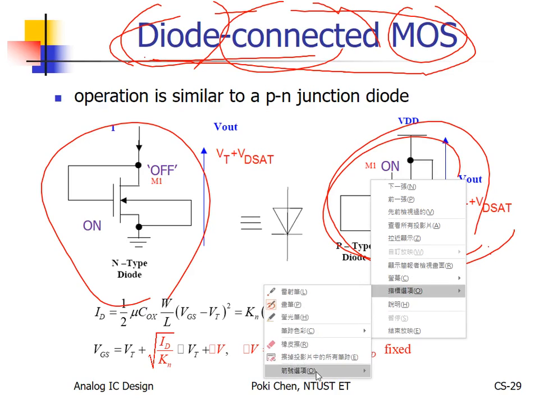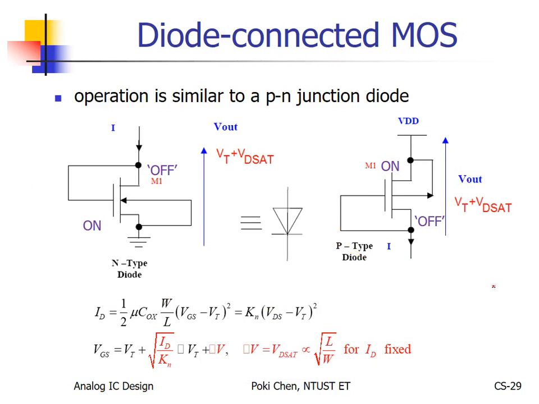First of all, diode connected means the drain is connected to the gate directly, so the device should be off. How can you make it on for NMOS? The voltage difference between gate and drain needs to be 1 VTH higher. So it means the drain needs to be 1 VTH lower than the gate. Otherwise, it cannot be on. It should be pinched off, right? No worries. It is off.